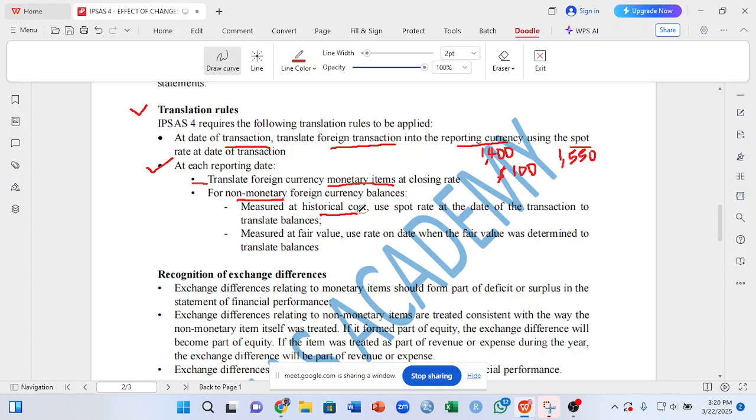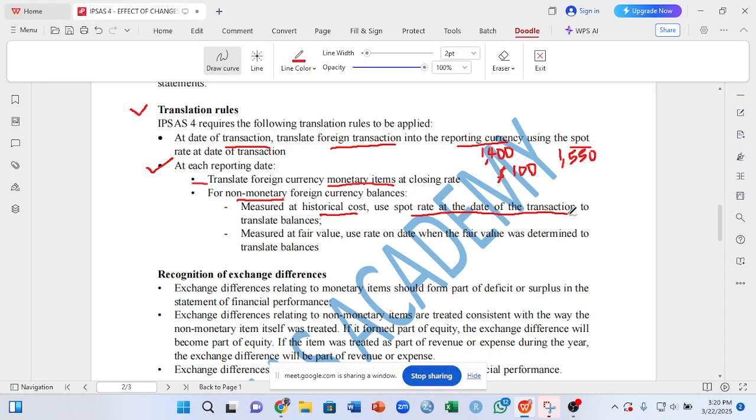Historic rate here means the spot rate at the transaction date. So at the date at which you bought that item, that you incurred the liability of 100 USD, that will be the rate at that date. That's what you are going to record for the item you bought. So maybe if you bought an inventory, how are you going to account for that inventory item in your books?